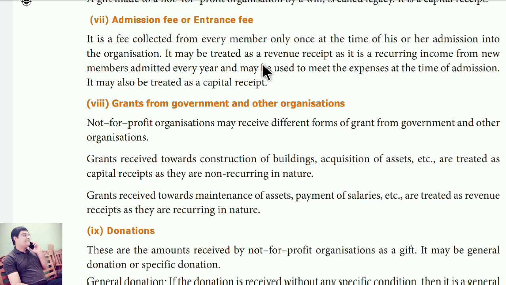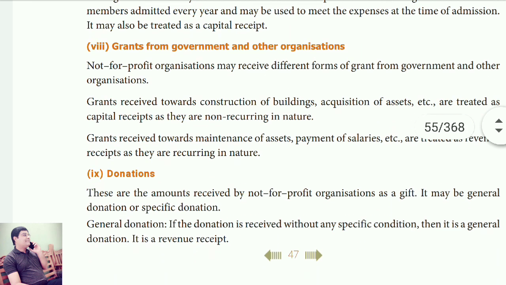It may be treated as a revenue receipt, as it is a recurring income from new members admitted every year and may be used to meet the expenses at the time of admission. It may also be treated as a capital receipt. Especially it will be treated as a revenue receipt, but sometimes it will also be treated as a capital receipt.